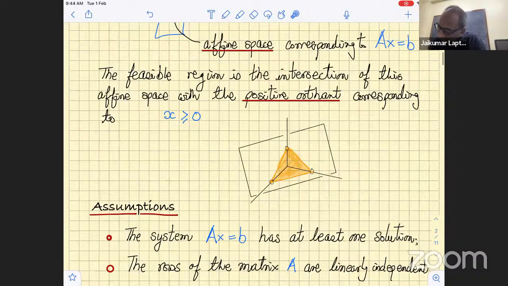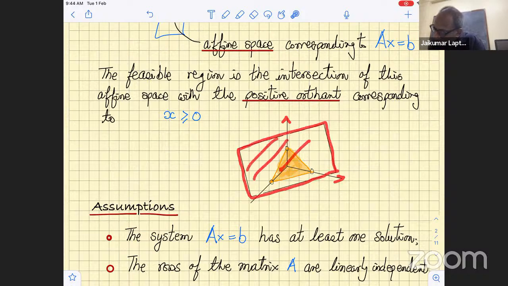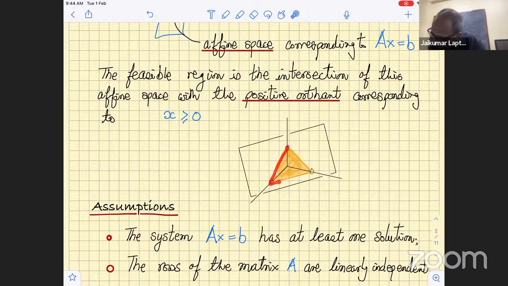For example, if we were in 3 dimensions and these were the 3 axes, and suppose you had one equation which said that the feasible region must be a subset of this plane. When you intersect the positive orthant with this plane, you are left with this sort of triangular region.